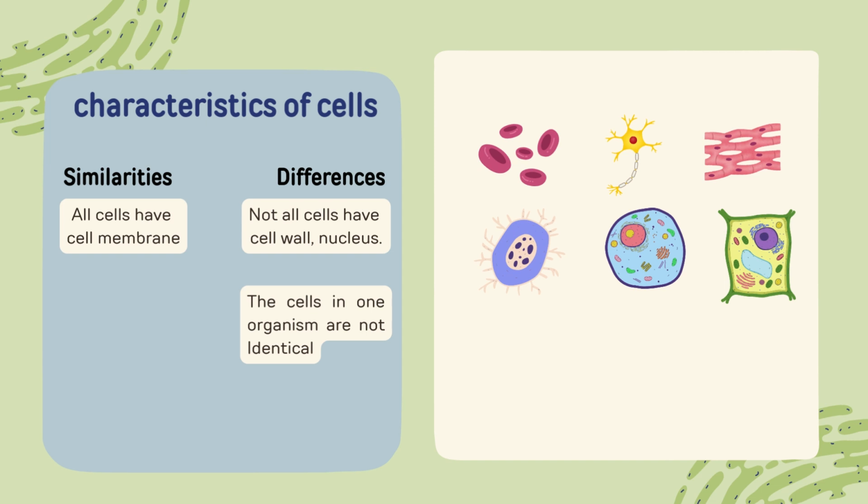We represent it by a circle, and if we look at these examples of cells, we will see one of them that doesn't have this circle in the center, the first one, as those are red blood cells, and they don't have a nucleus. So you get it. The cells look different from each other, so they aren't identical.